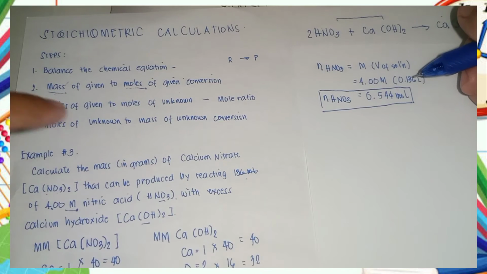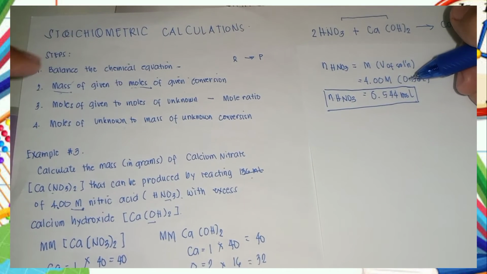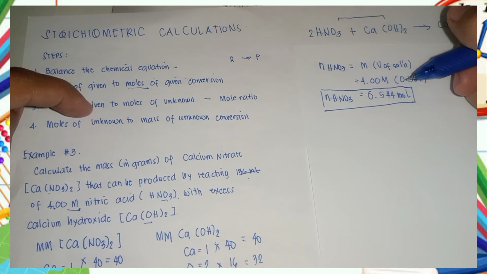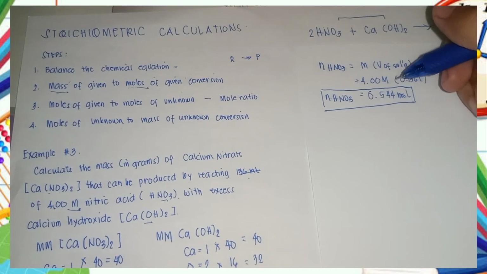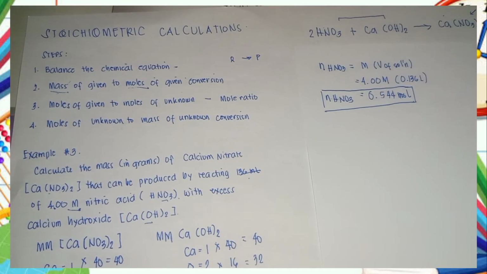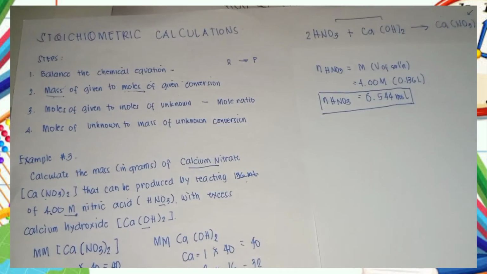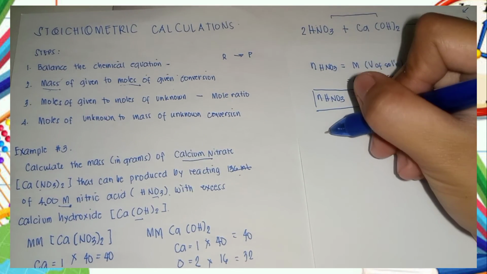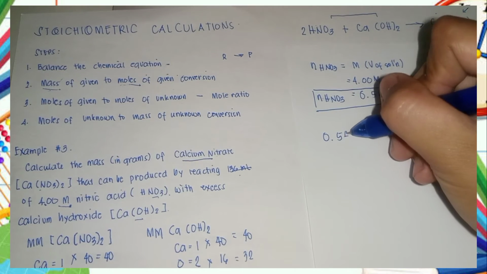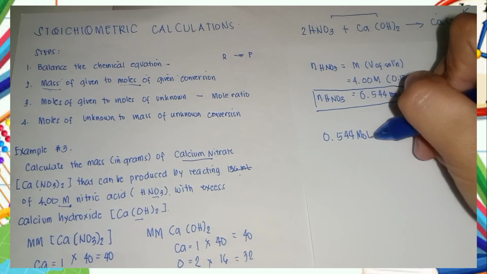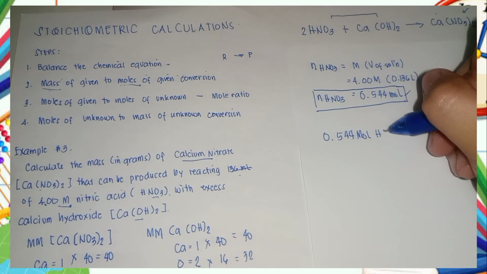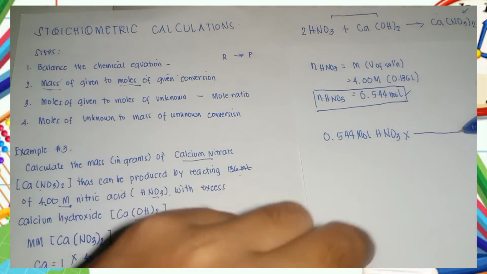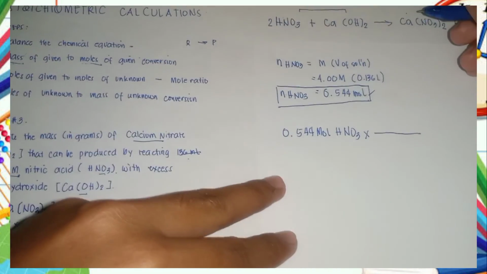Now that we have our number of moles of the given, we can proceed with converting it to the number of moles of the unknown. So what is our unknown? It is the calcium nitrate. So using this answer, 0.544 mole of HNO3 times, this is now our mole ratio, and we will be using the balanced equation here on top.